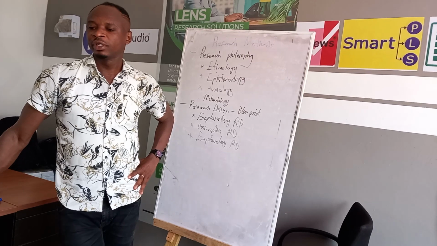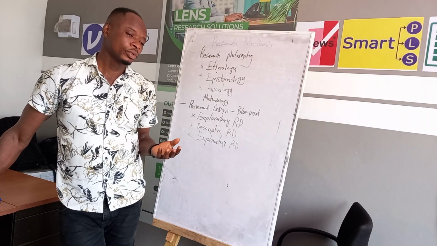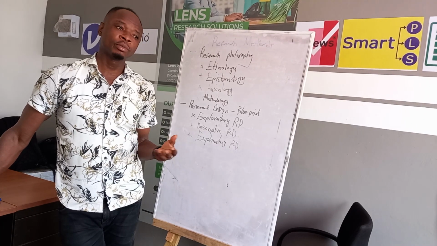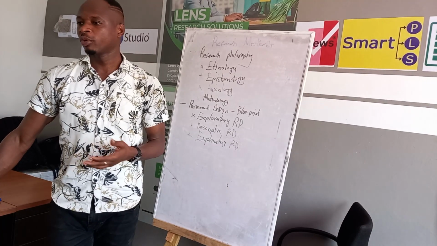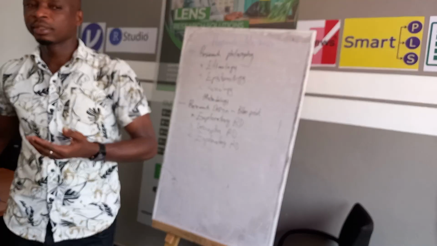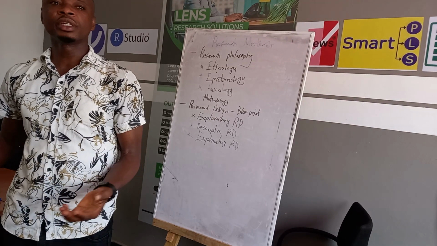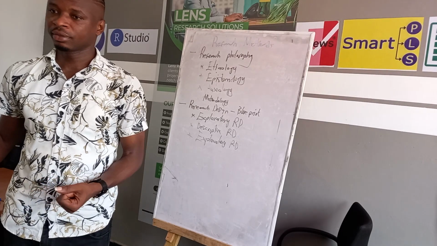They require a relatively large sample size, and most often they require probability sampling techniques, where you are able to give each element in the population an equal chance of selection.